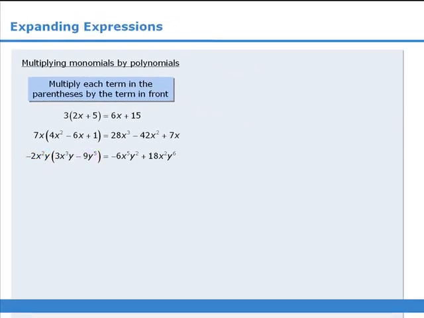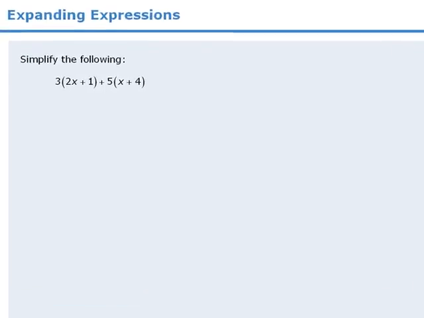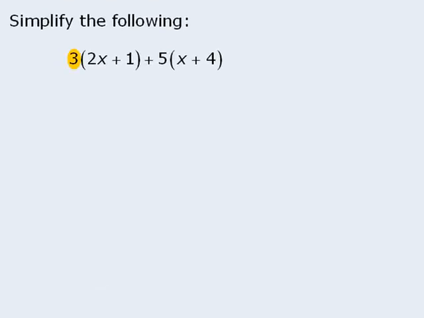Okay, now let's use what we have learned to simplify some expressions. Let's begin with this one. First, we'll expand the products here. So we'll multiply 3 and 2x to get 6x, and then we'll multiply 3 and positive 1 to get positive 3 or plus 3. Now we'll take positive 5 and multiply it by positive x to get positive or plus 5x.